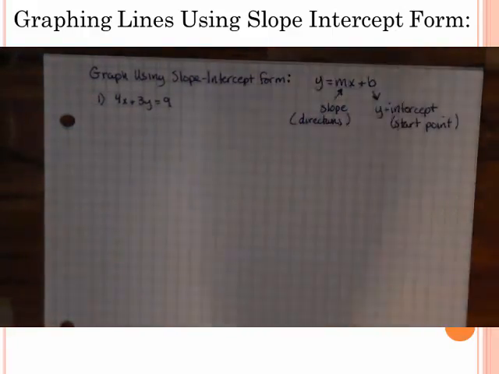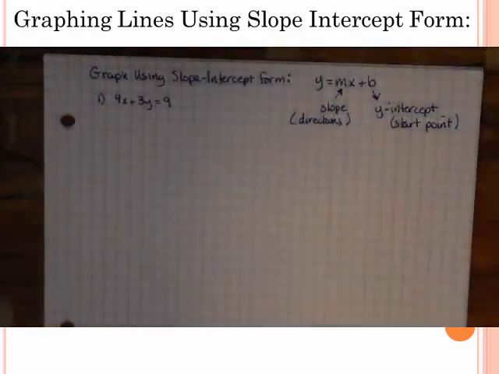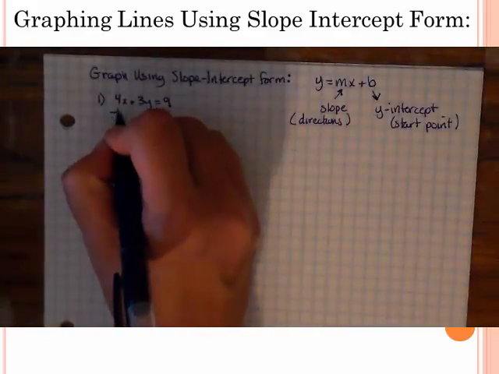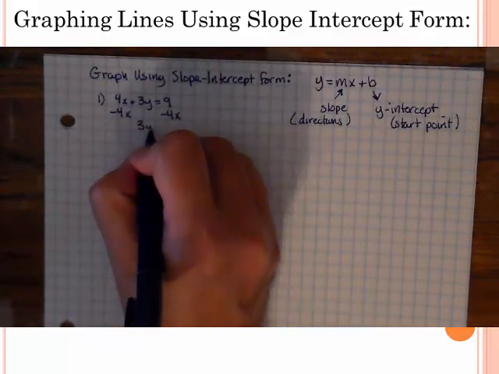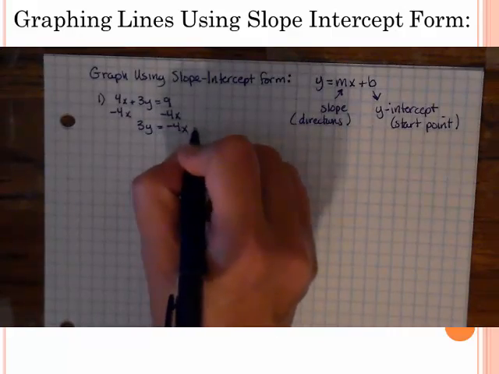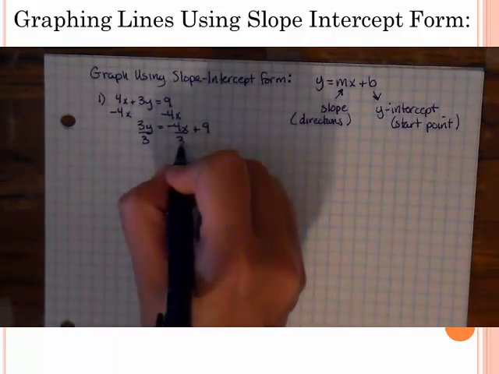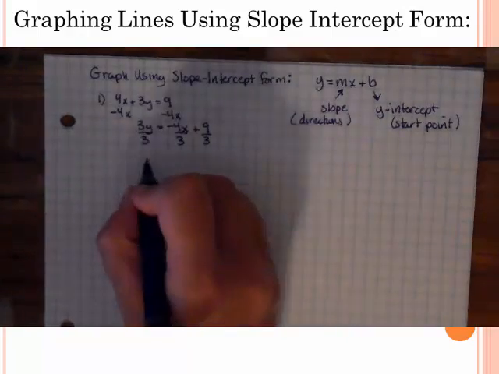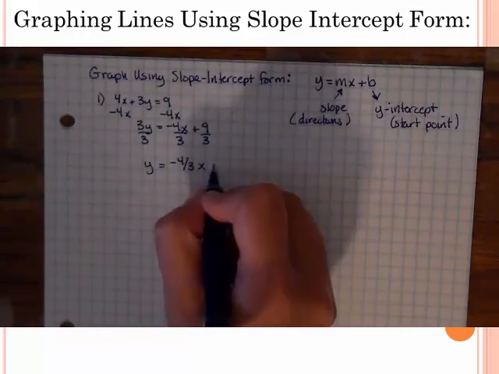So we want to take our equation and transform it into slope-intercept form. In order to do that, we first move the x to the other side. So we get 3y is equal to negative 4x plus 9. We divide by the coefficient on the y, and we get y is equal to negative 4/3 x plus 3.